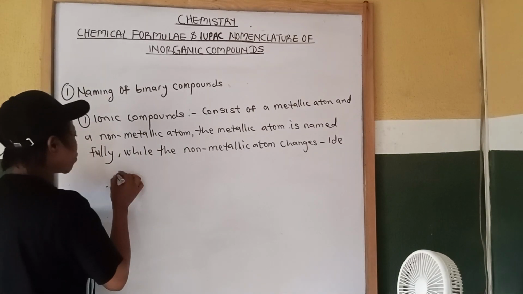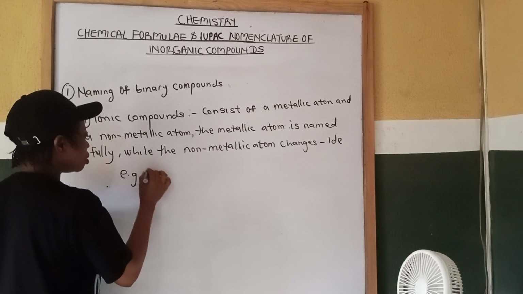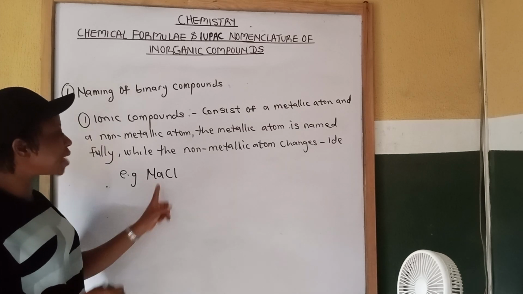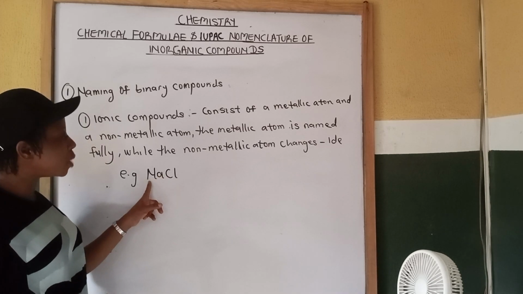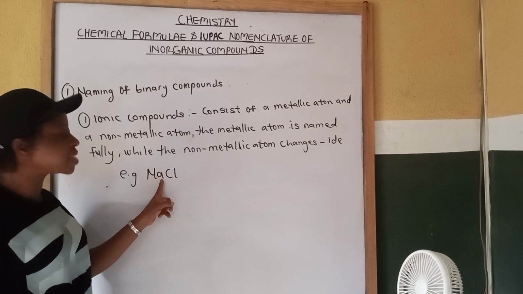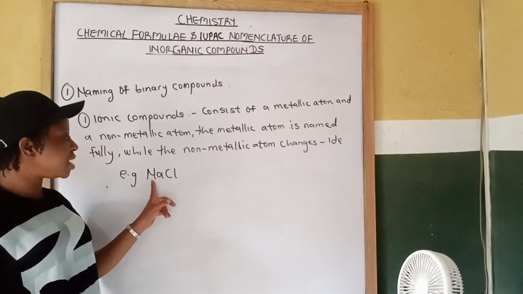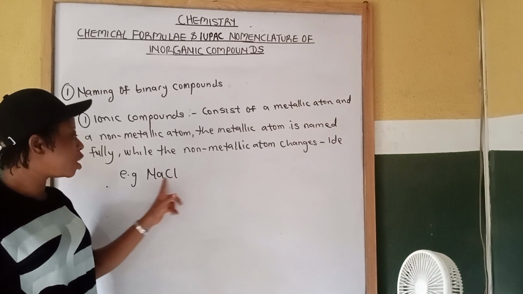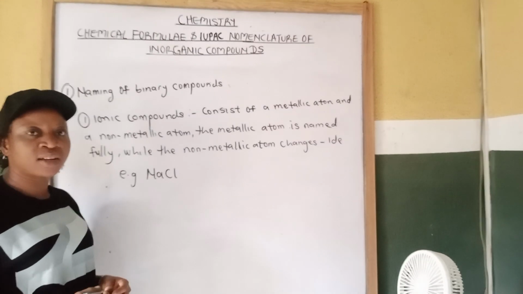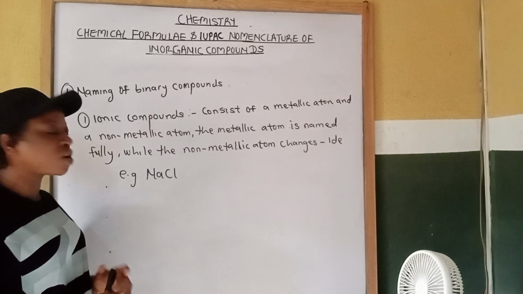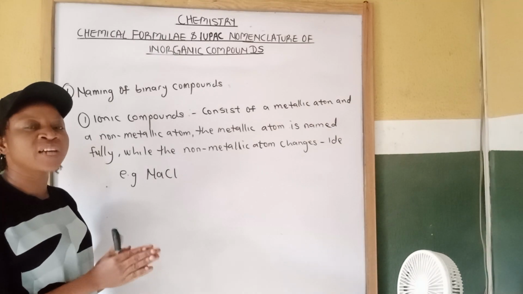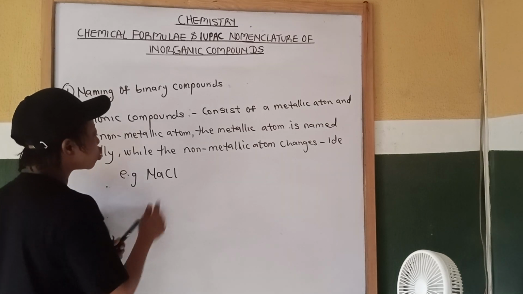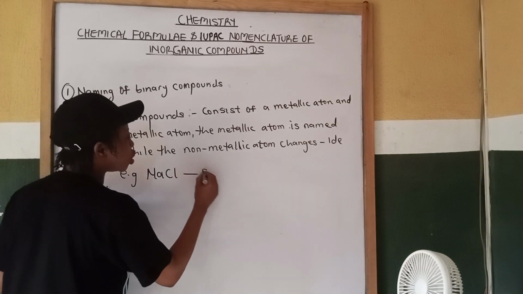So let's take examples, e.g. sodium and chlorine. The chemical symbol for sodium is Na, while the chemical symbol for chlorine is Cl. Sodium is a metal because it carries a positive charge, so you name sodium fully.